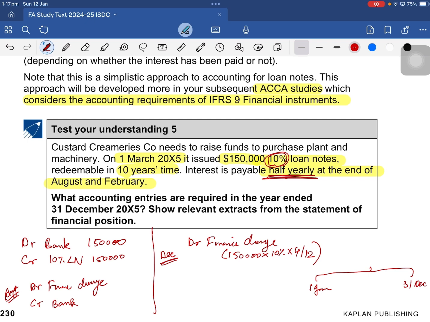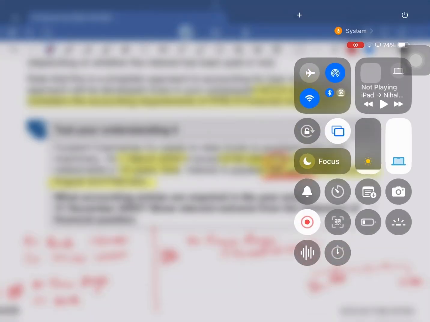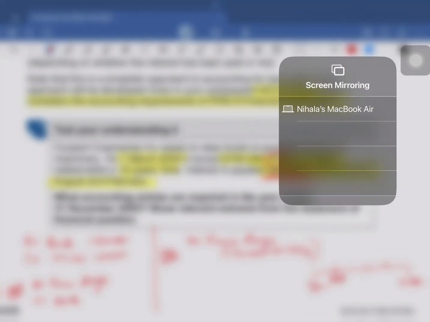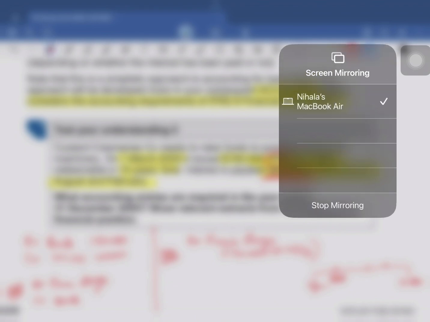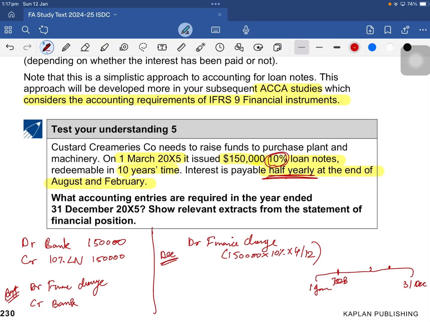The problem is you're going to pay the loan interest at February here, and you're going to pay interest at August here. February and August, was it?